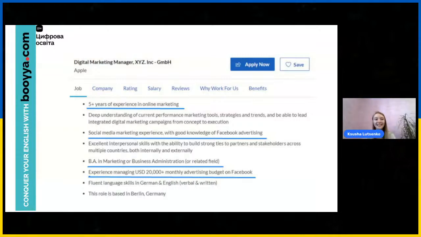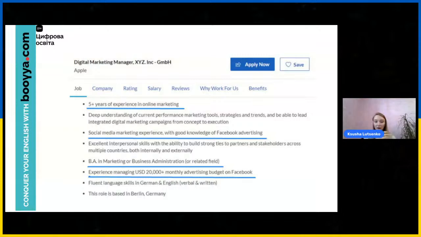5 years of experience in online marketing. Online marketing, this is the keyword that's going to appear. Good. Social media marketing experience, social media marketing, keyword, with good knowledge of Facebook advertising, Facebook advertising, keyword. BA in marketing or business administration or related field, a key phrase again.